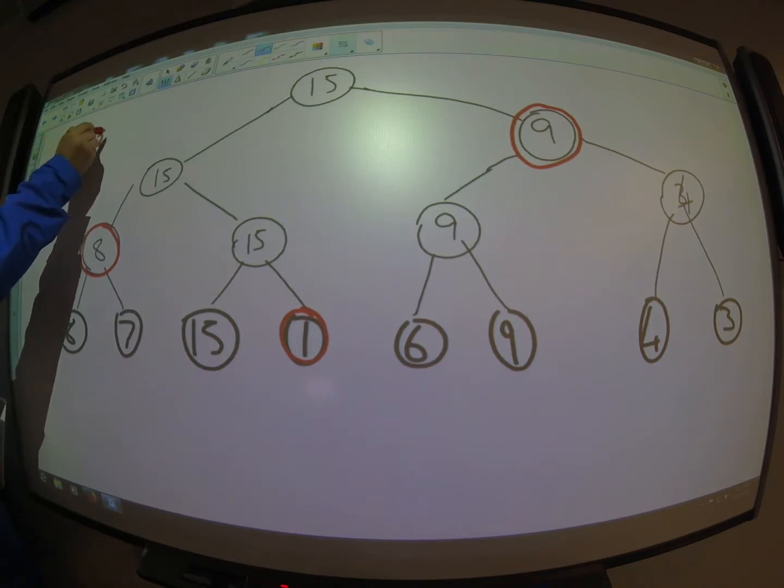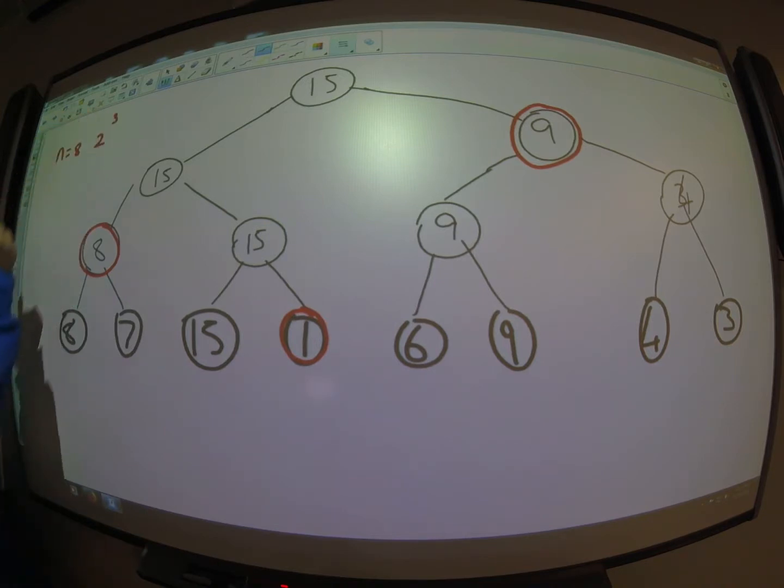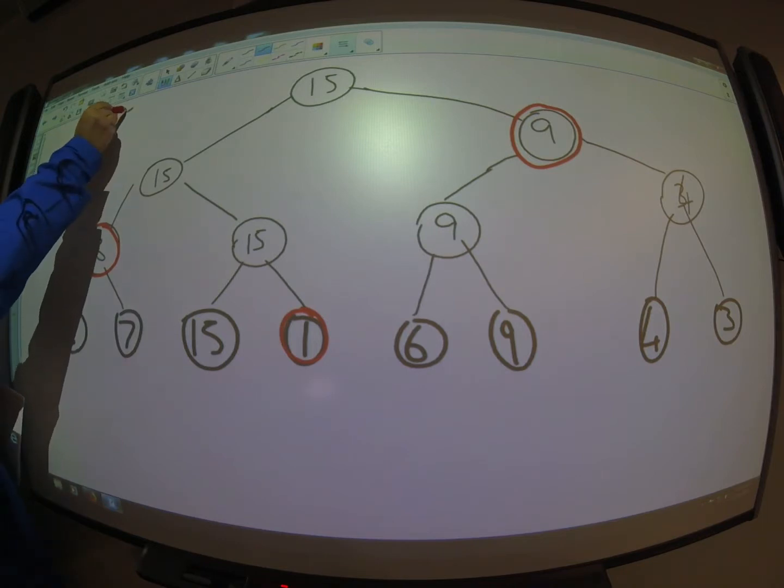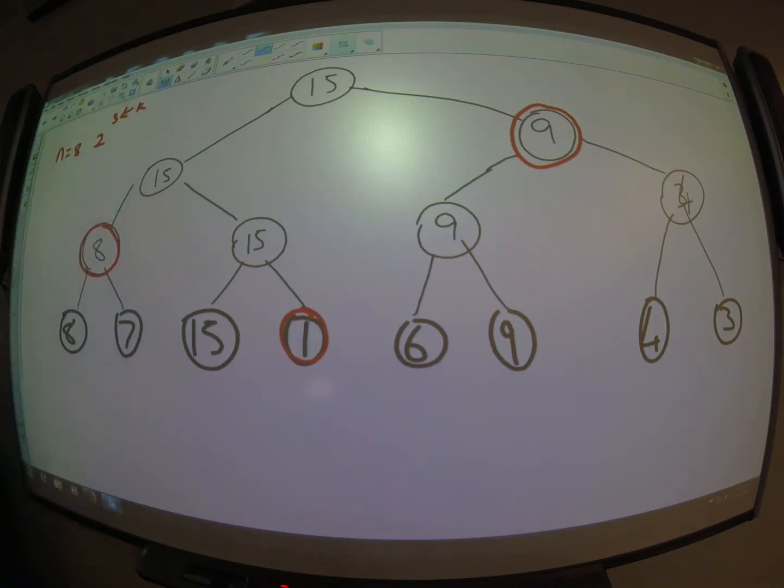So 2 raised to 3 is equal to 8, right? So this is k, the height of the tree. If I have 16 elements, 2 raised to 4 is 16. So the height of that tree will be 4.